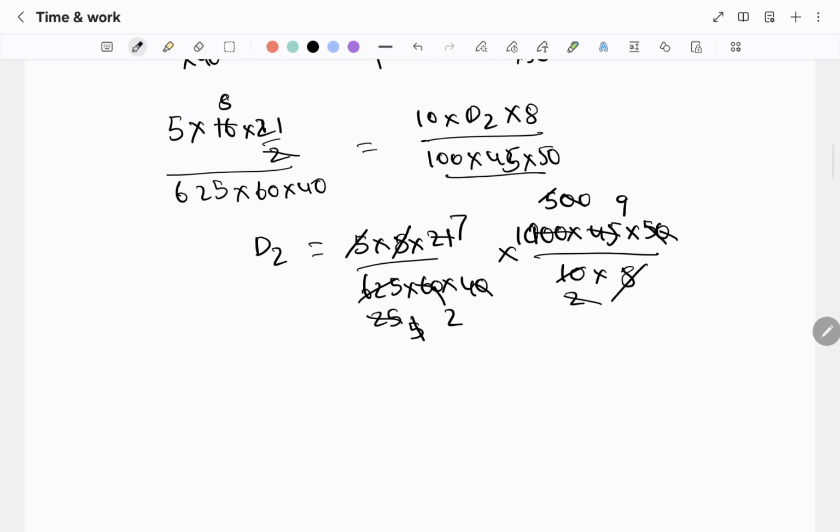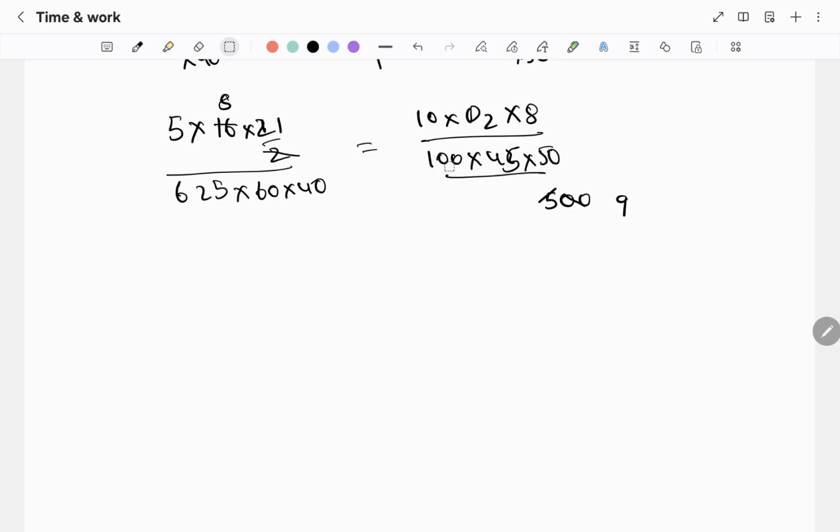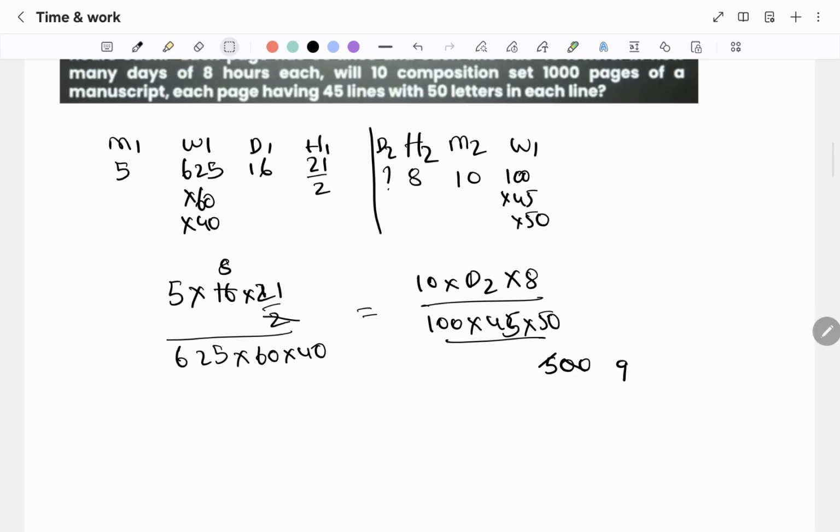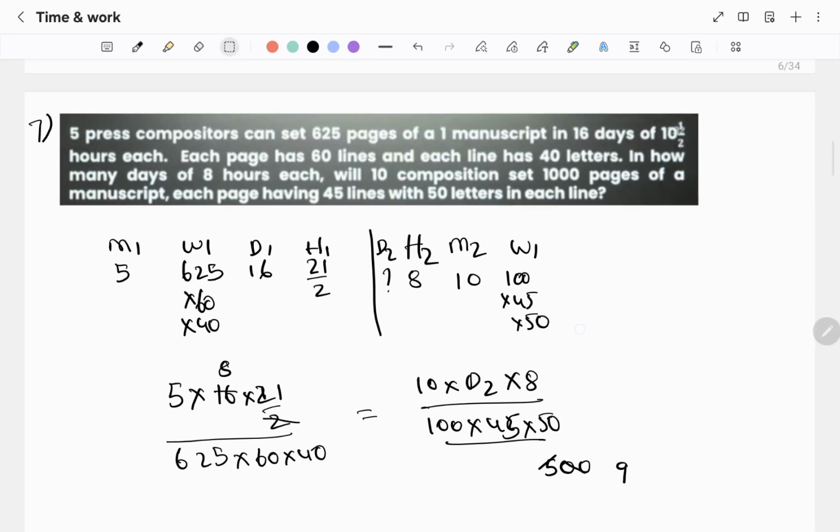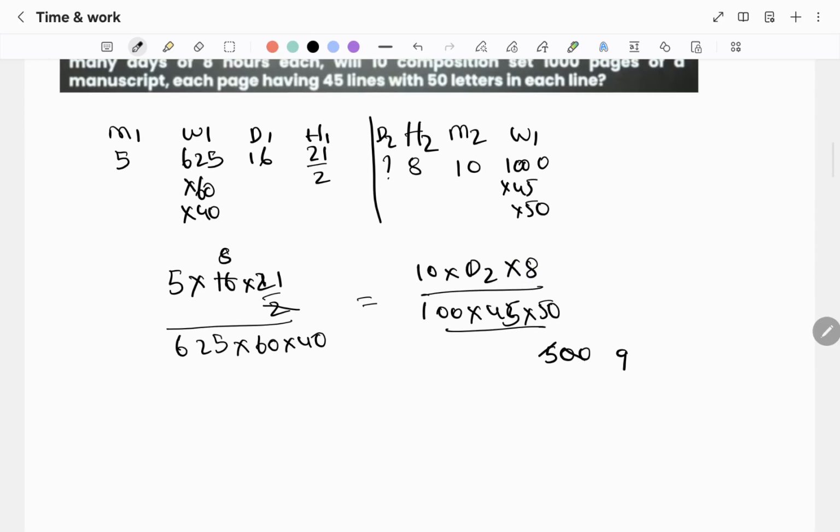I will calculate it again because a calculation mistake happened. Because I didn't take here 1000. So it is 1000 given, but mistakenly we have taken... see, 1000 pages it is. So again I will rewrite that.